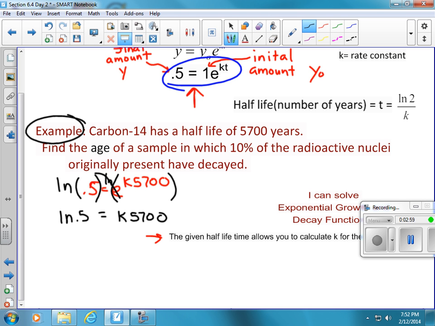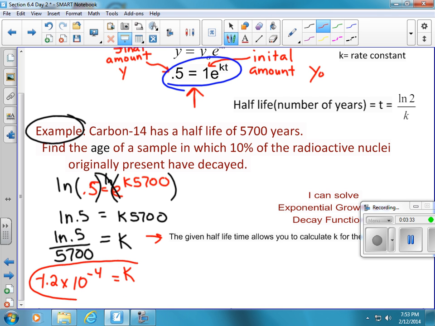All right, so if we divide both sides by 5,700, we have k equals ln of 0.5 over 5,700. That gives us our k value, negative 1.2 times 10 to the negative 4. That is our rate constant.